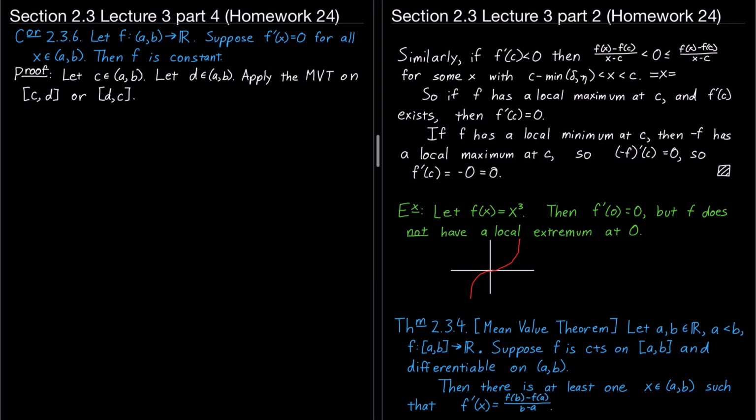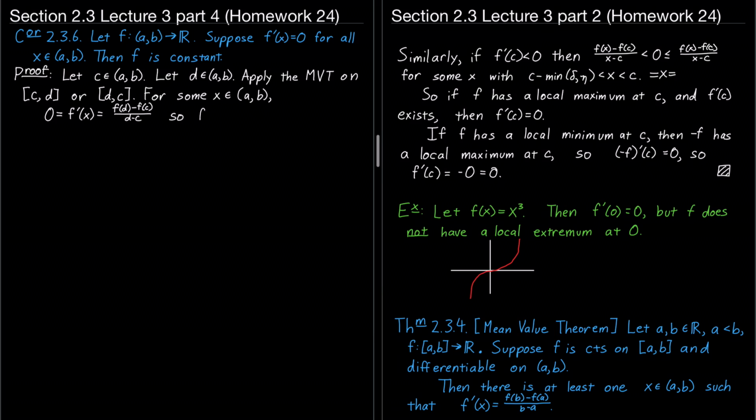Then for some x in (c, d) or (d, c), I don't care which one, we have that 0 equals f prime of x, which is f of d minus f of c over d minus c.